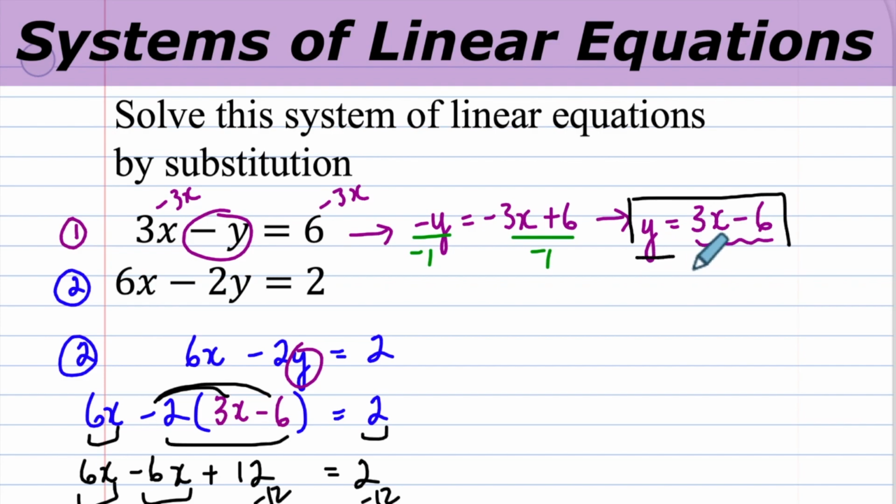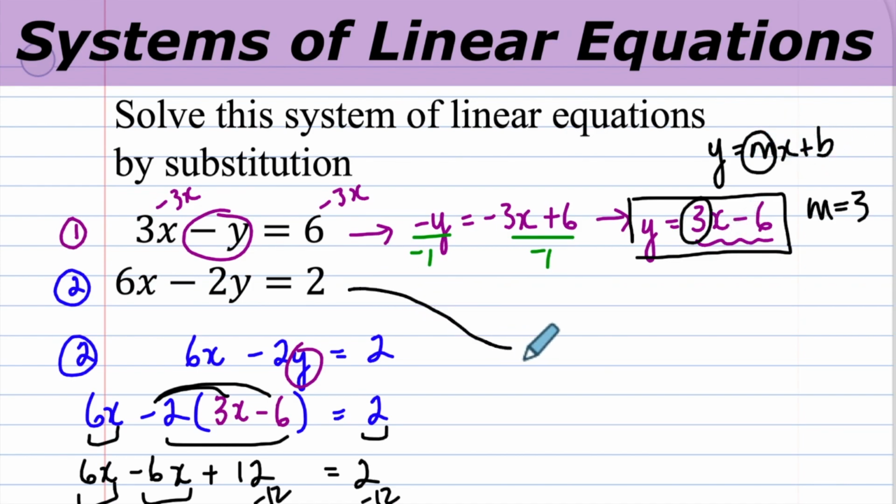We already isolated y here, and the slope is 3 in the y is equal to mx plus b form. The slope is the coefficient with the x. How about we isolate y here? Get negative 2y by itself by subtracting 6x.